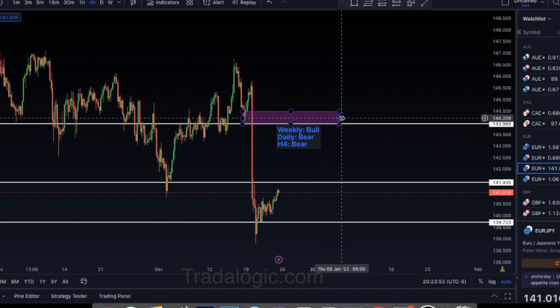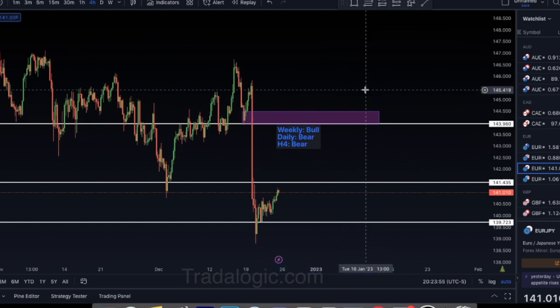But right now, again, we have our order block on the daily support resistance zone, which means we have two confluences at the same time. Also we have two of the biggest time frames, the daily and the H4, telling us the market is bearish.